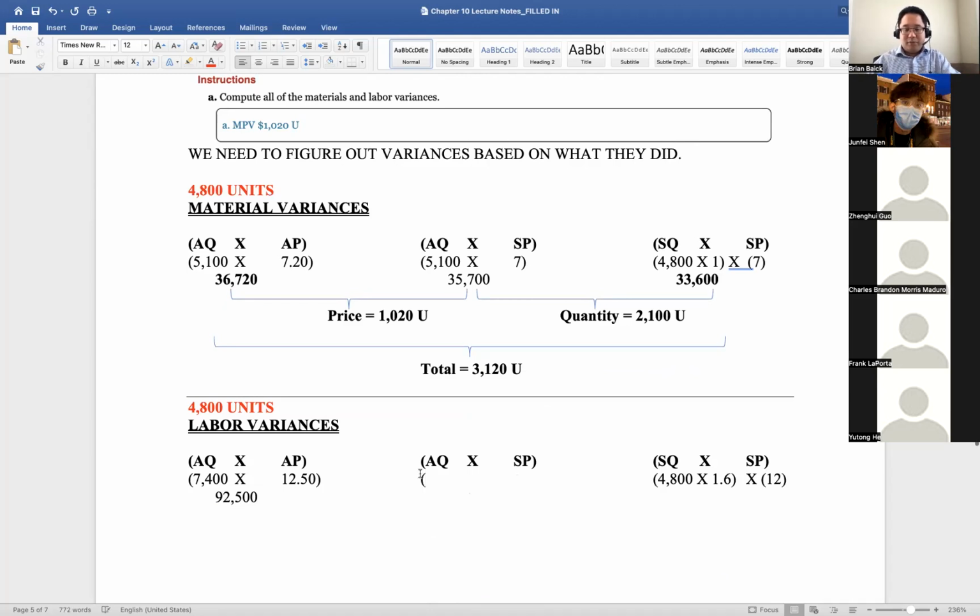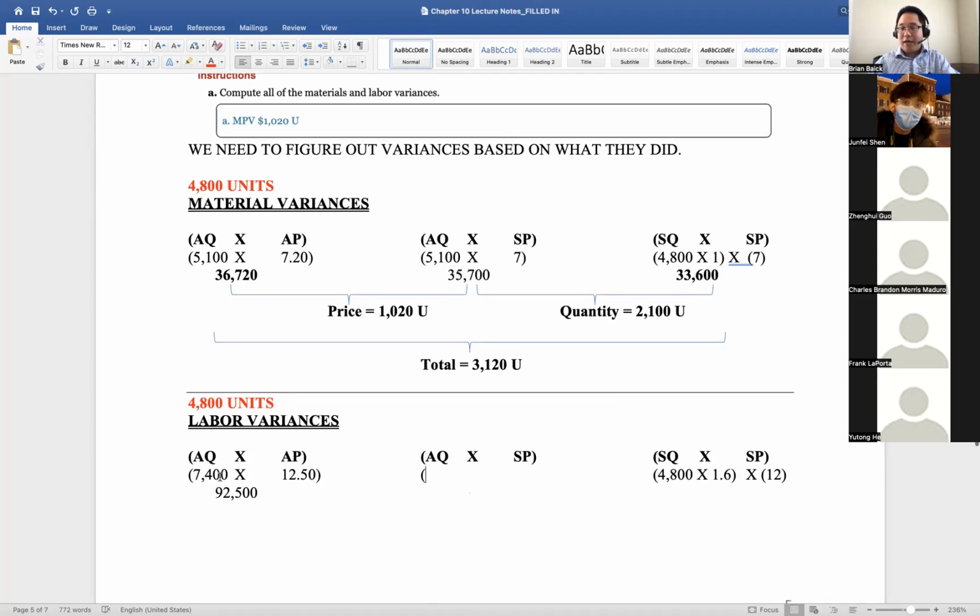Okay, and then in the middle, we can use the information that we have on the left side and then on the right side. So actual quantity is 7,400 times standard price is 12. Right? Okay. Any questions on where I got these numbers from? Remember, the SQ part is usually the trickiest part.